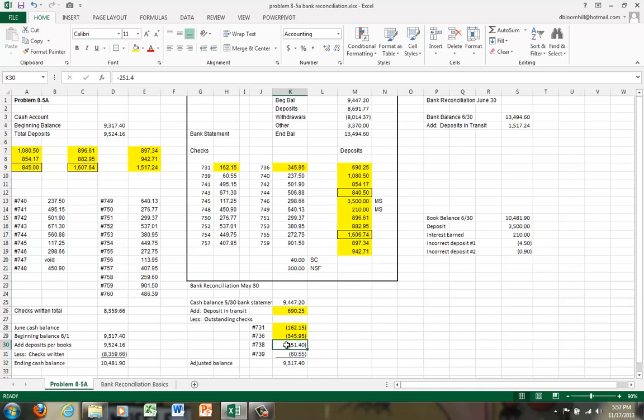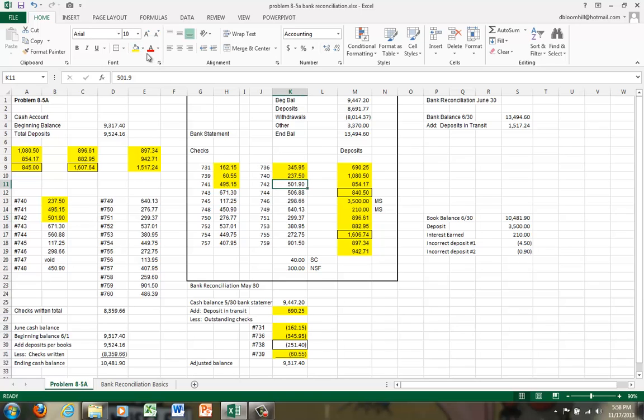Now we take a look at 739, 60.55, matches up with 60.55, so we can check off those two. Now we're just going to go one by one down the checks. 740, 237.50, matches 740, 237.50. 741, 495.15, matches 495.15. 742, 501.90, and 742, 501.90.